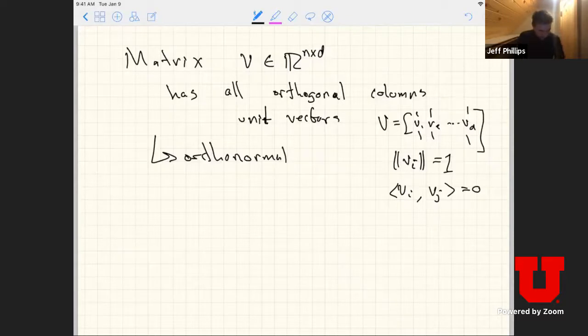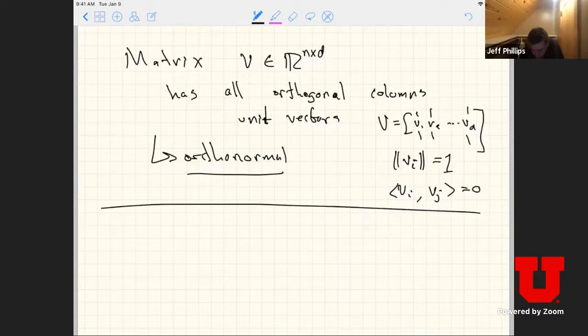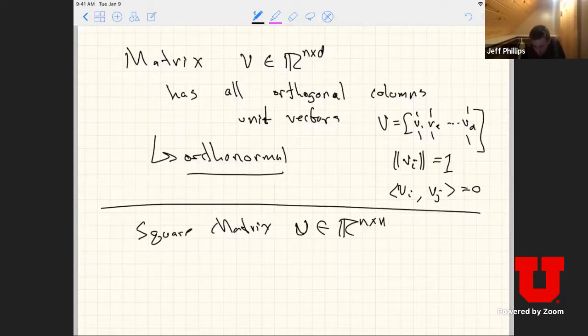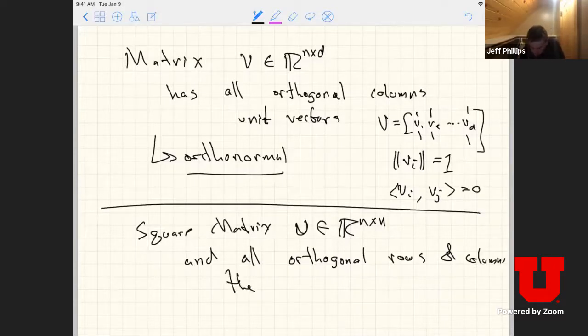Okay, so if we have a square matrix U, U in R n times n, and if I then have all orthogonal rows and columns, then I'm going to say that this is an orthogonal matrix.